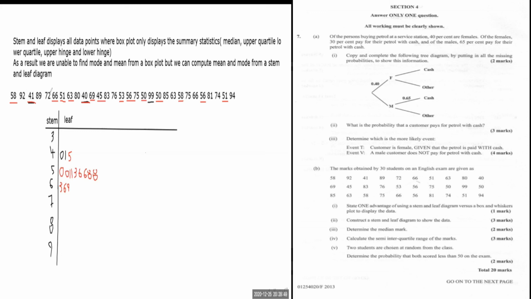Going into the 70s. Now we see a 72, and this is a 74.